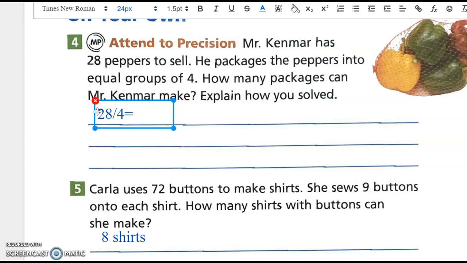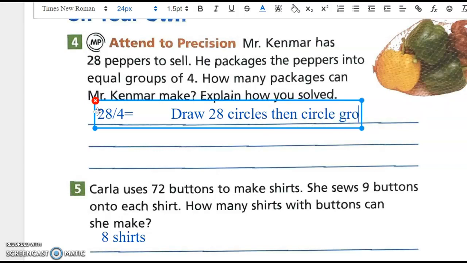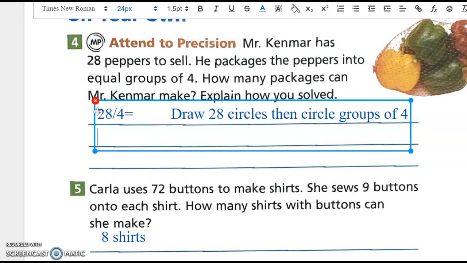What would we do? Draw 28 circles. Then what would we do? Then circle groups. Yes, if you're in the classroom, you need to be writing of 4. So does anybody know how many 4s are in 28?